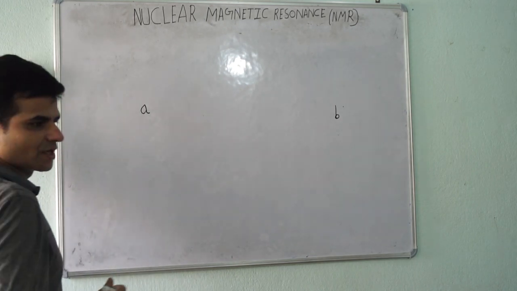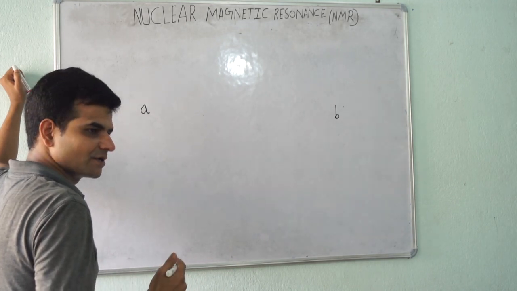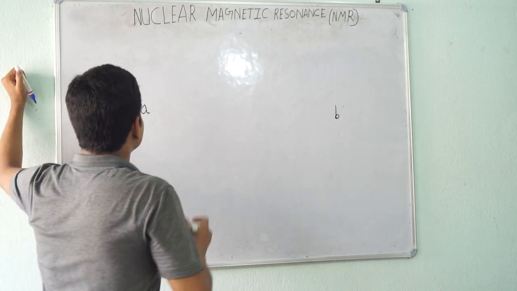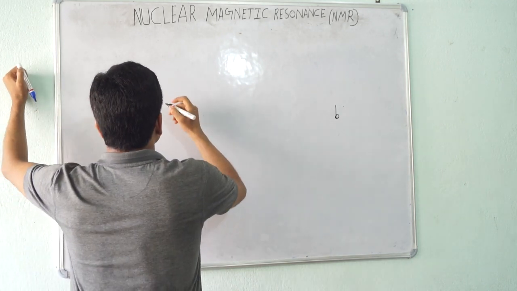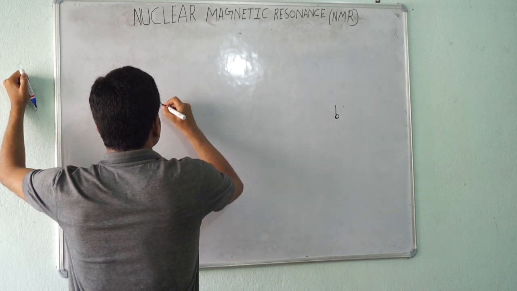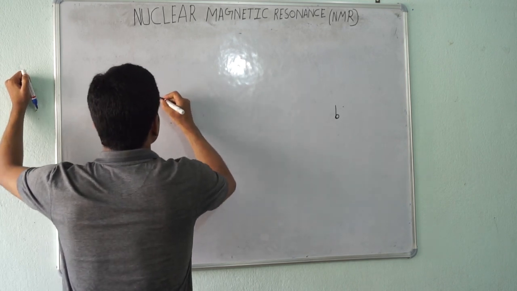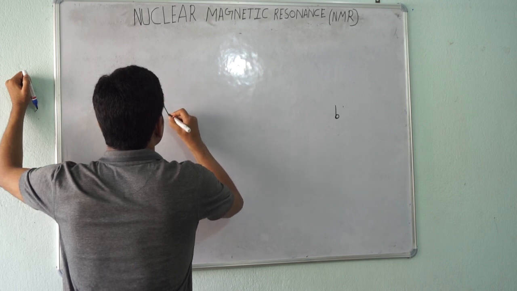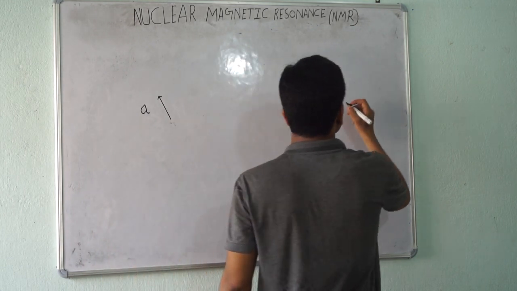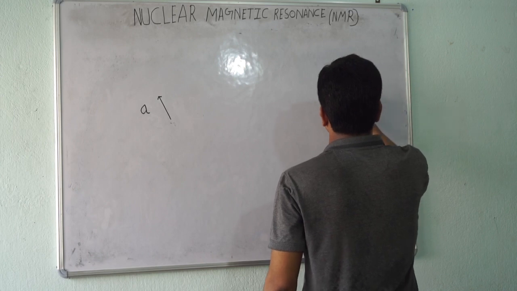And I told you a hydrogen atom behaves like a magnet. So we suppose the direction of the magnetic field of this hydrogen atom is like this, and the direction of the magnetic field of this hydrogen atom is also like this.